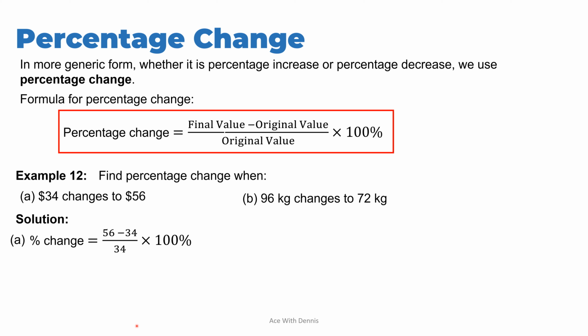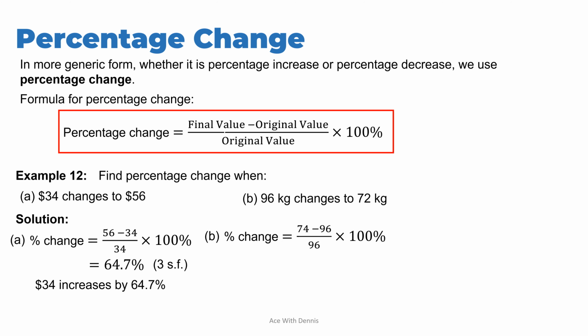The final value will be $56 and the original value will be $34. So it will be 56 minus 34 over 34 times 100%, and we get 64.7% to 3SF. So to answer the question, $34 increases by 64.7%.